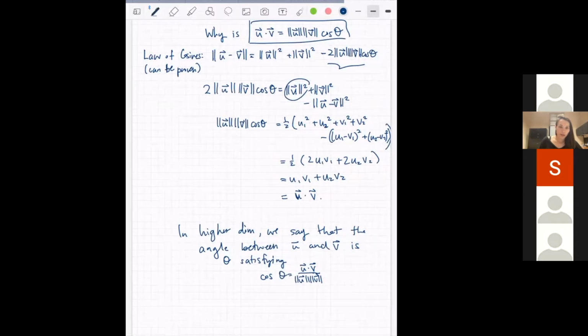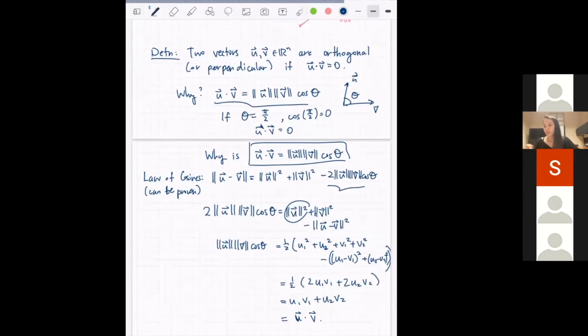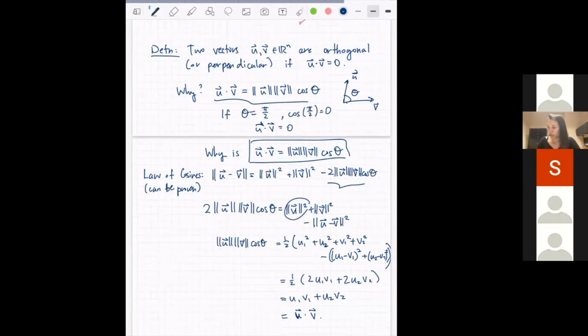Okay, so this was all just to motivate this definition, which by itself doesn't seem very intuitive. We just say that 2 vectors are orthogonal if their dot product is equal to 0.